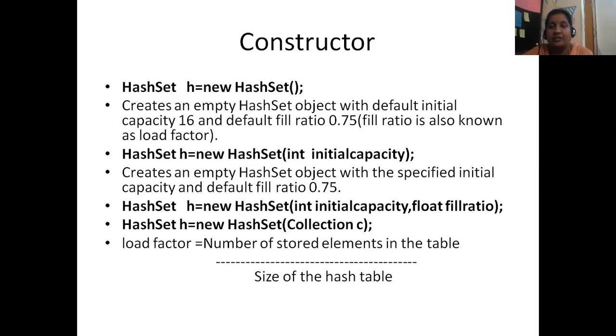So they have fixed one fill ratio, that is 0.75. That means when 75% of your hash table is filled, automatically your hash table size will be increased. So that is 0.75. For example, here if you reach 12, when you want to insert the 13th value, automatically your fill ratio will be covered so that it will move to the next capacity.